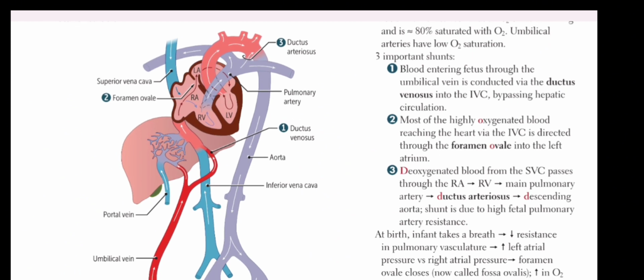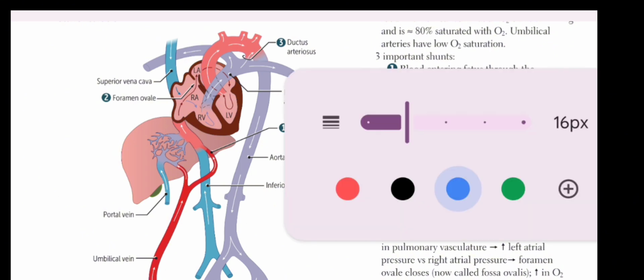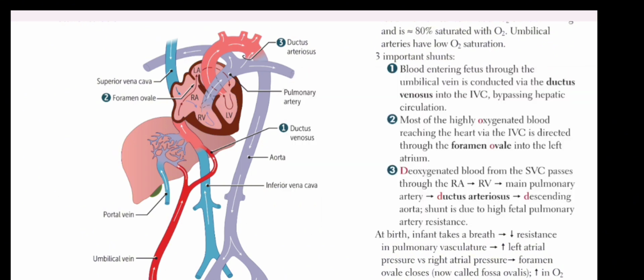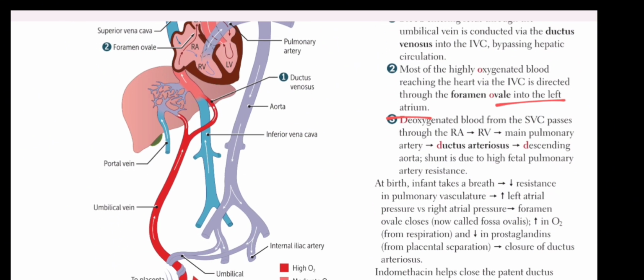Most of the highly oxygenated blood reaching the heart via the inferior vena cava is then directed through the foramen ovale into the left atrium, and from left atrium it goes into the left ventricle, and from left ventricle it goes into the aorta and then carotid and subclavian arteries, supplying the limbs and the brain of the body.